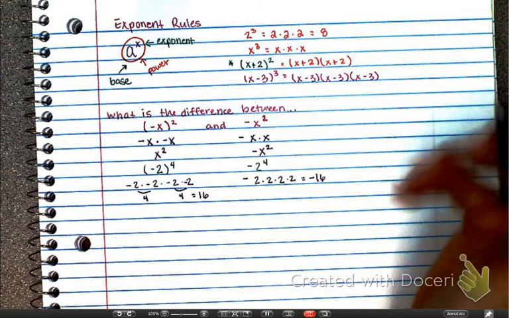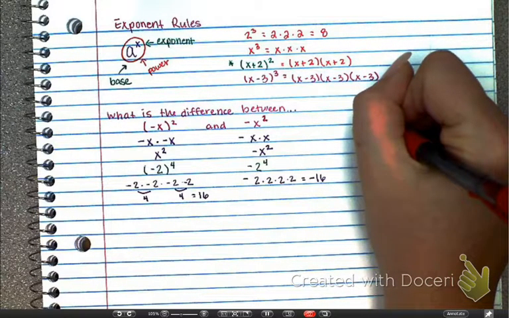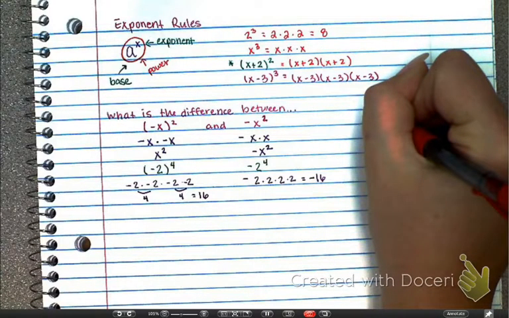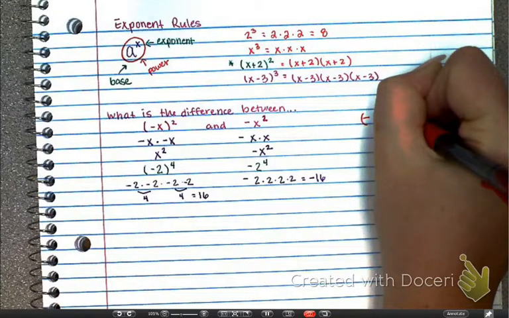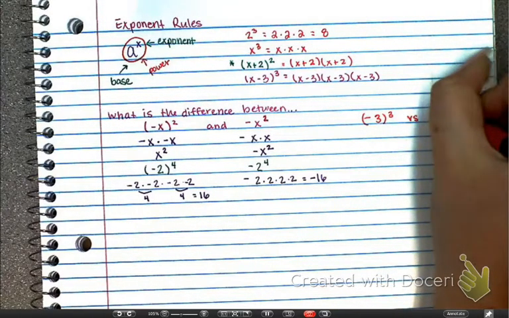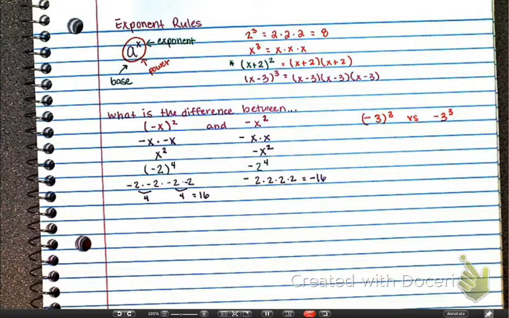Now, do things change when I give you... Let's do... What if I give you this? Negative 3 to the third versus negative 3 to the third.